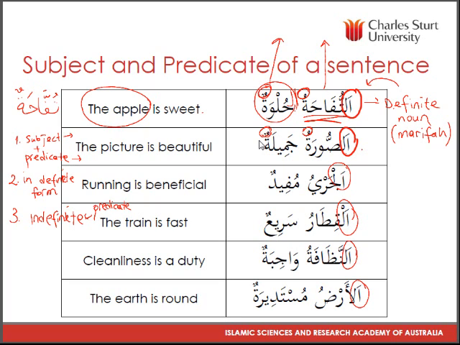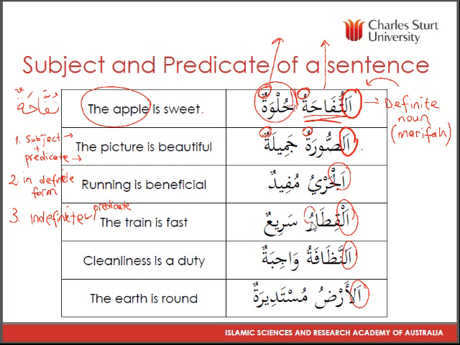Al-qitaru sari'un, the train is fast. Look, al is in front. Because qaf is a lunar letter, the lam is pronounced, Al-qitaru, not like as-suratu, at-tufahatu. Pronunciation is different when you use a lunar letter or a solar letter.